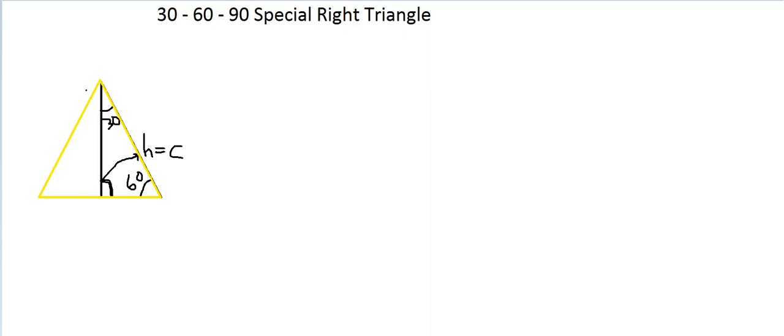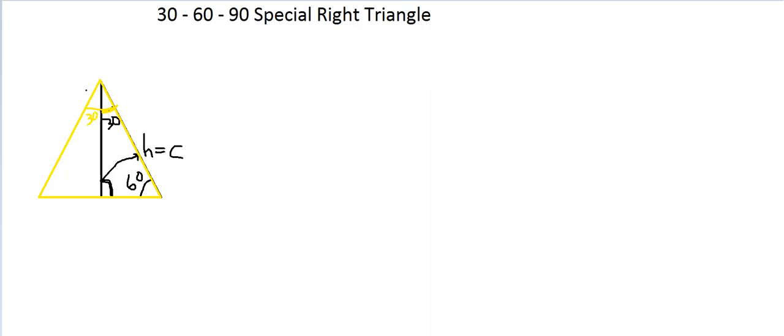This yellow triangle is actually an equilateral and equiangular triangle. Since this is an equiangular triangle, each angle here measures the same. So if this is 30, therefore this angle also measures 30, right?